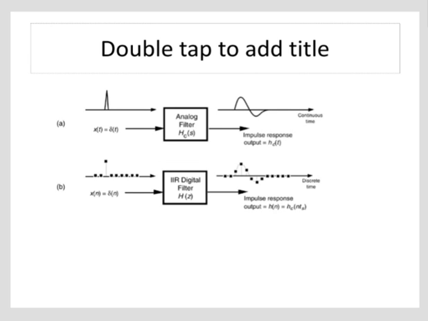This diagram shows two filters, an analog filter and an IIR digital filter. Input and output of the analog filter are analog, but in the digital filter they are not.